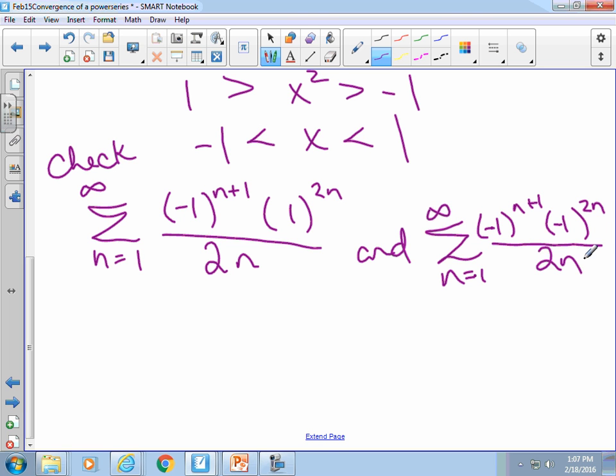What do you know about any negative number to an even power? It becomes positive. Would you agree those are the exact same sequence? So I really only have to check one, because those are the exact same thing.